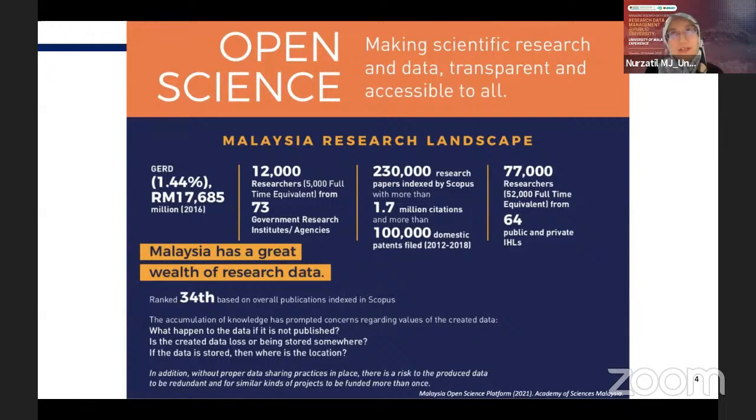Those data storage mediums are not shareable. They don't make our data shareable to others. So that's a problem with our practices nowadays.